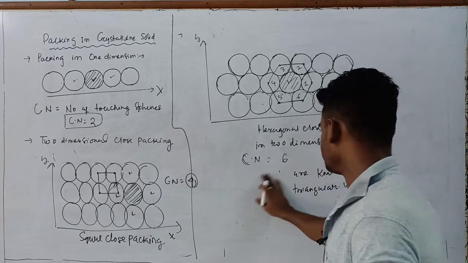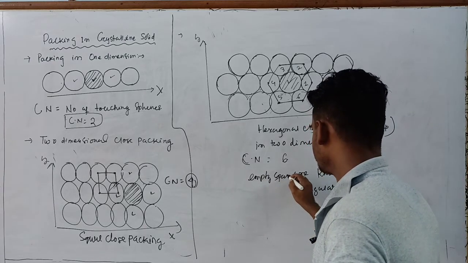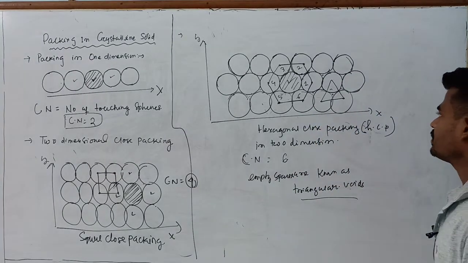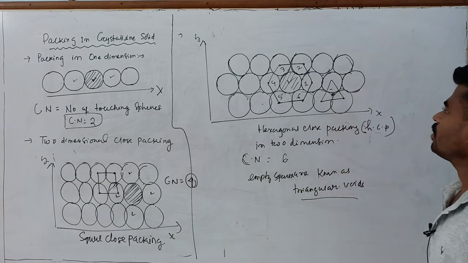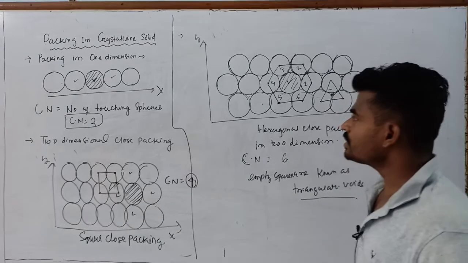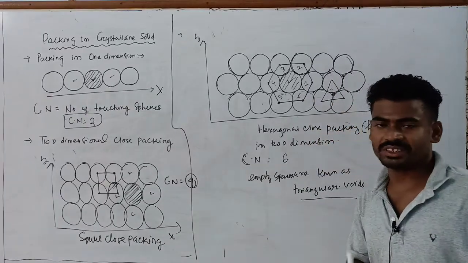The empty spaces are known as triangular voids. All these are triangular voids. So this is the packing in 2-dimensional closed packing.